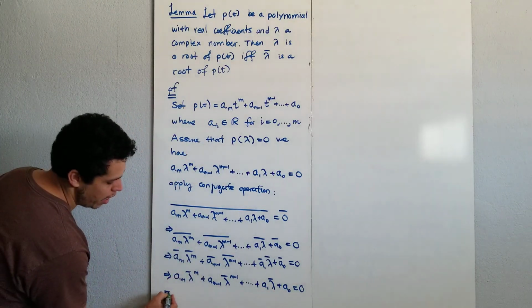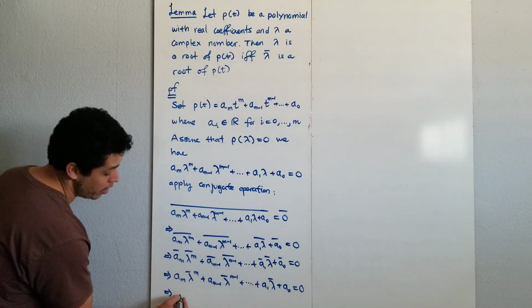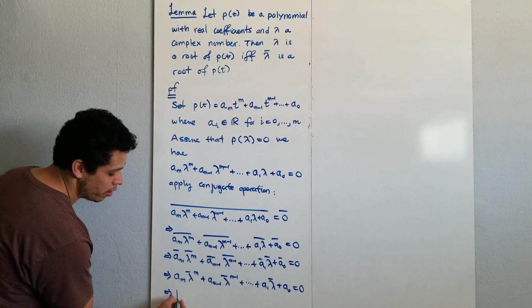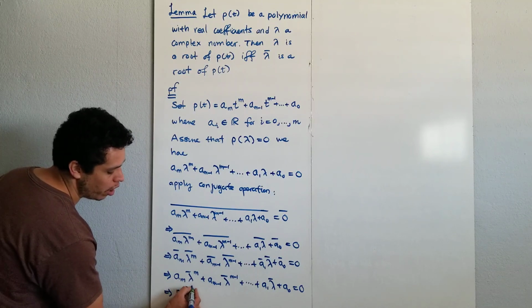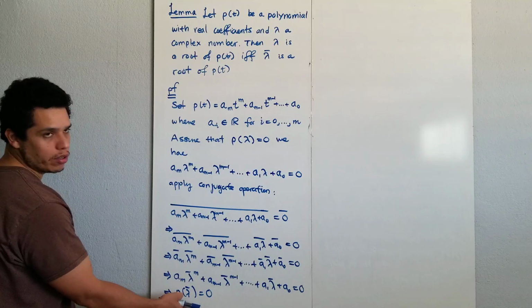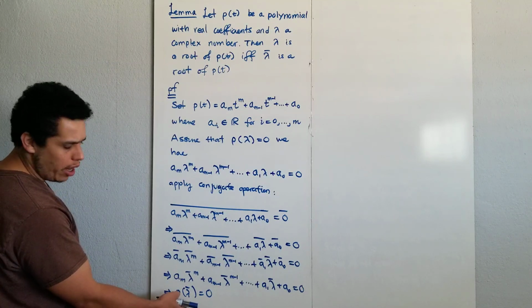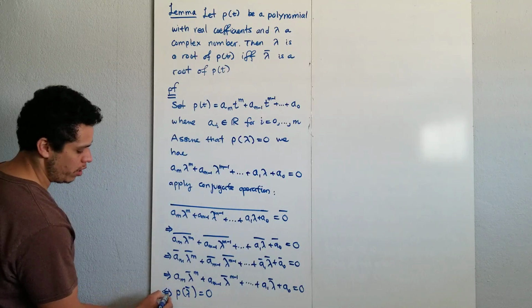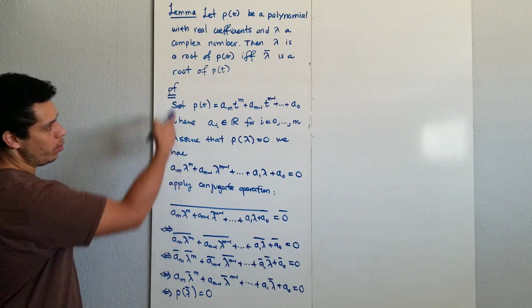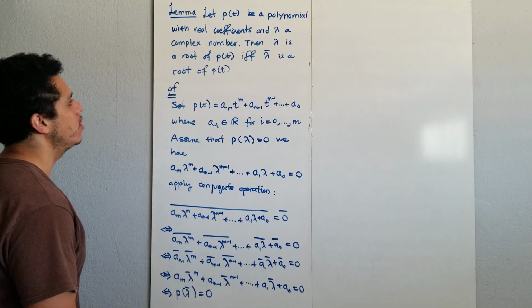But this says exactly that p of lambda conjugate is equal to 0, so it is a root. Actually, I can reverse the arrow and go in this direction, and that completes the proof.